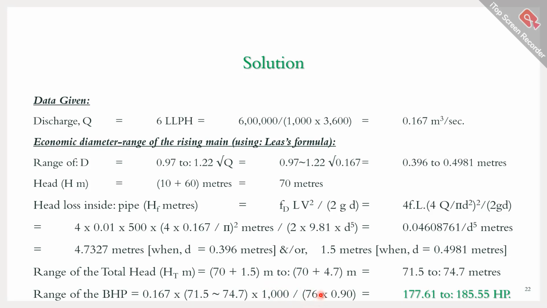So 746 divided by 9.81 gives you something like 76. And upon simplification, the entire term gives you this thing, 177.61 to 185.455, because of this range, 71.5 to 75. This range will come approximately. So if you have got your answer around 180 plus minus 10, let's say 170 to 190, it will be considered as the correct answer.